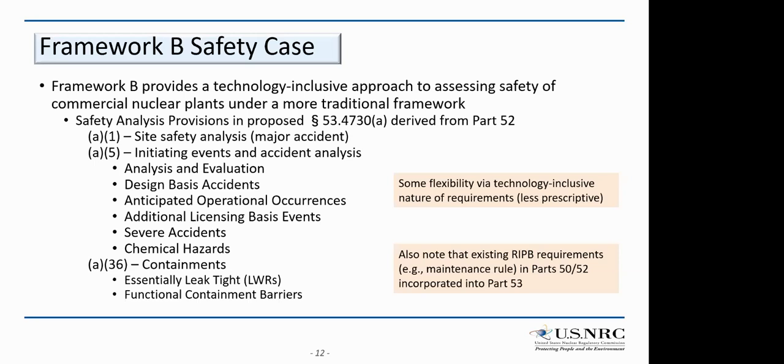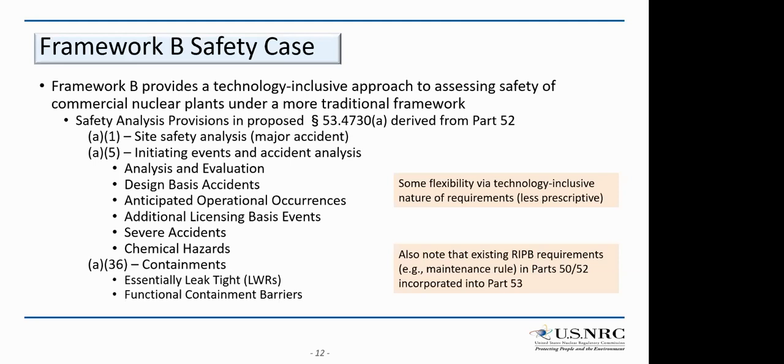Just a note there on the right, since we're talking about framework B: since it took much of the requirements from the existing parts 50 and 52, where those items in 50 and 52 were developed specifically to include a performance-based or risk-informed approach, they would come over and provide that in framework B as well.